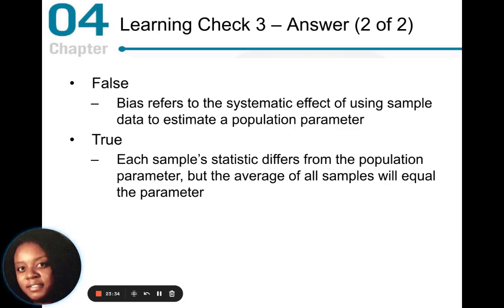The first one is false because bias refers to the systematic effect of using sample data to estimate a population parameter. And for the second one, that is a true statement. Each sample's statistic differs from the population parameter, but the average of all samples will equal the parameter.